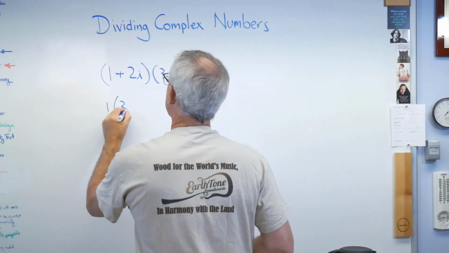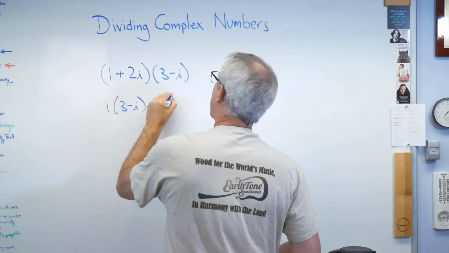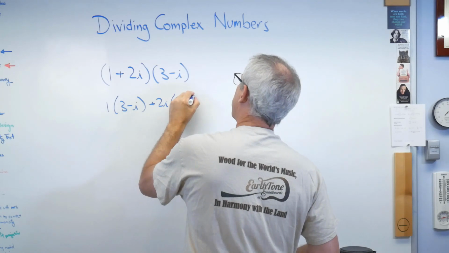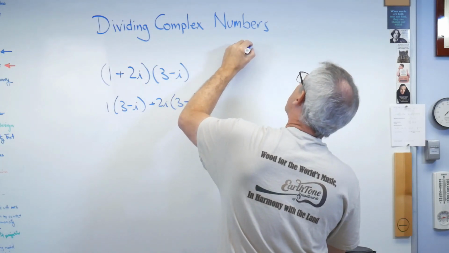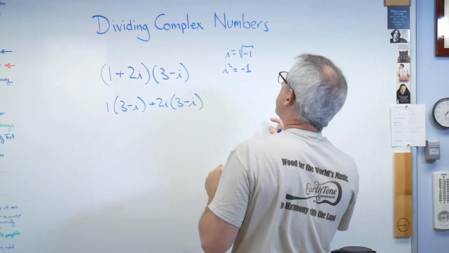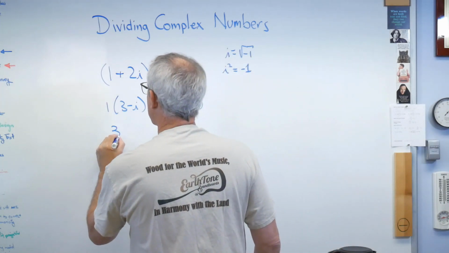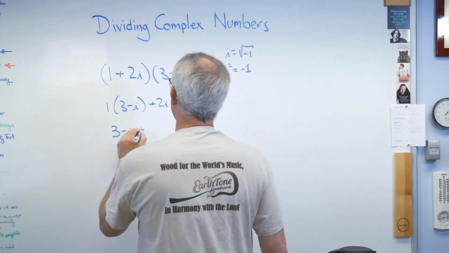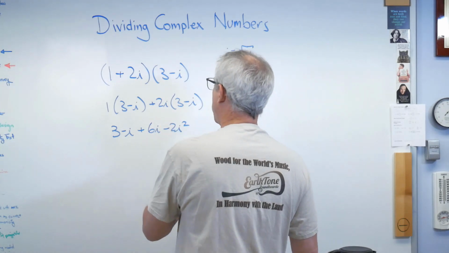So let's do this. 3 minus i times the first term, plus 2i times 3 minus i. Now remember, if i is the square root of minus 1, then i squared has to equal minus 1. That makes things a little simpler. So this is going to be 3 minus i plus 6i minus 2i squared.